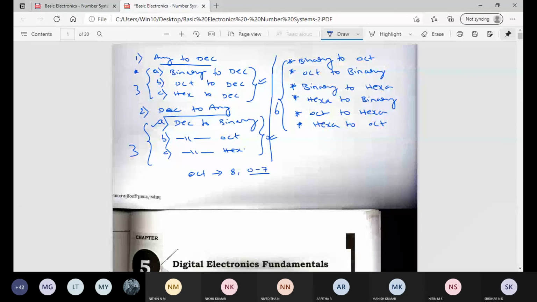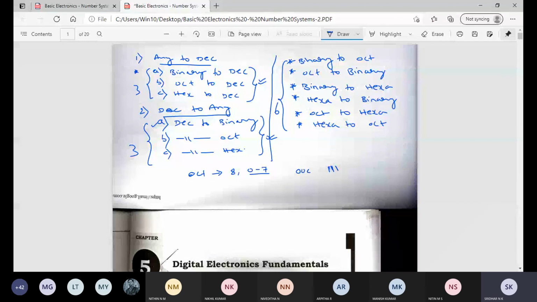I can represent that 7 in binary as 111, correct? So I can write something like 000 to 111 if I want to represent it in binary.